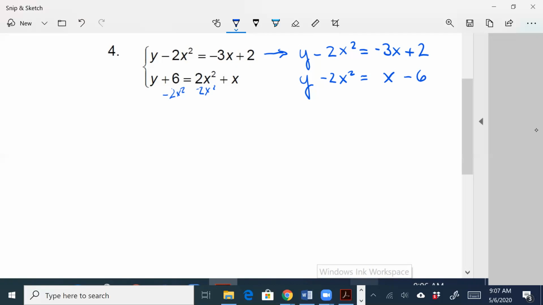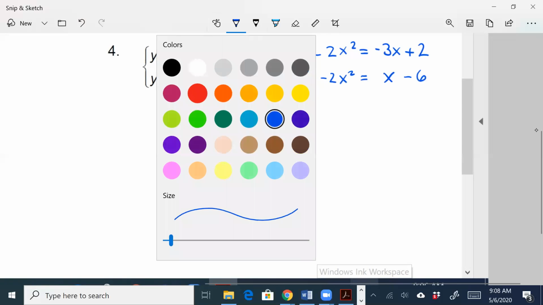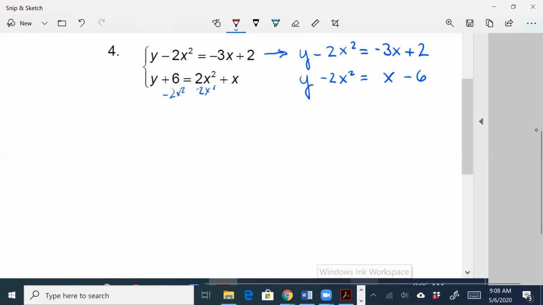And then I'd take the whole second equation and I'd subtract it from the first equation. Have to remember to distribute that negative sign throughout both sides. So y minus y, 0.